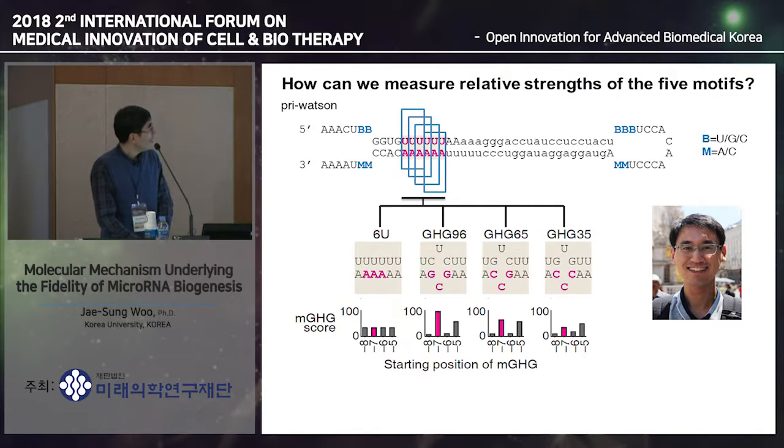A high score GHG motif can be included, and medium and lower ones too, so we can compare these 4 sequences. Also, the parts around the junctions are randomized. The letter B indicates U, G or C, and M indicates A or C.